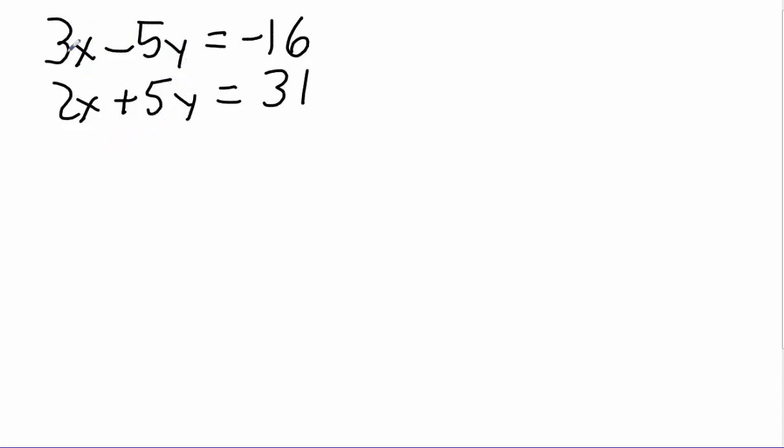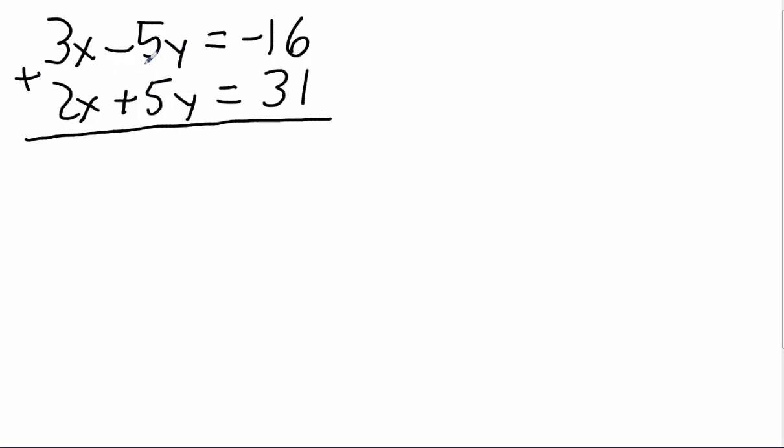So if you look here, we have a 3x and a 2x. No matter what we do, whether we add 3 and 2 or subtract them, we can't get 0. But what's nice about this problem, if you look over at our y's, that's a negative 5y and a positive 5y. We can add everything together in these equations, and the y's are going to cancel.